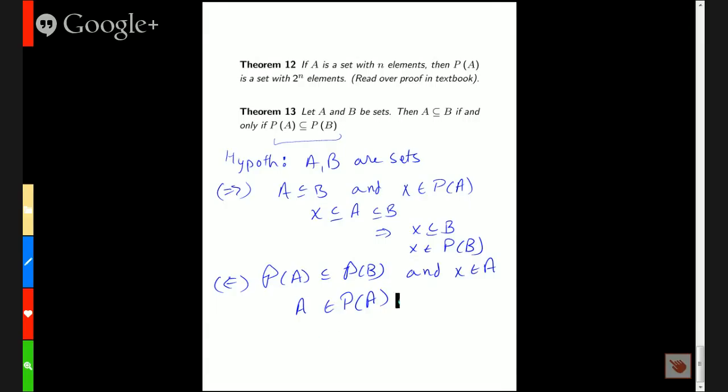So then what does that tell you about this X right here? X is in a subset in the power set of A. Now, where does this A live if we know the power set of A is a subset of the power set of B?